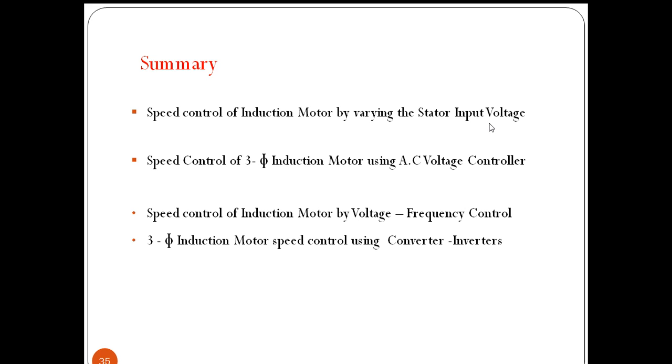They are by changing the applied voltage to stator, by changing the frequency to stator, by changing the number of stator poles, by rotor rheostat control, by injecting an EMF in the rotor circuit, by operating two motors in cascade.